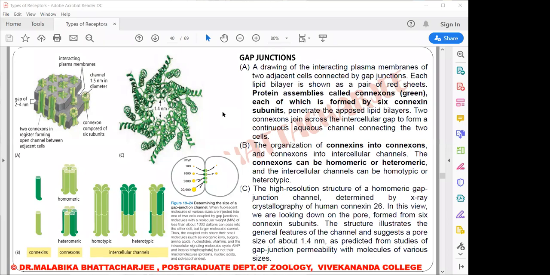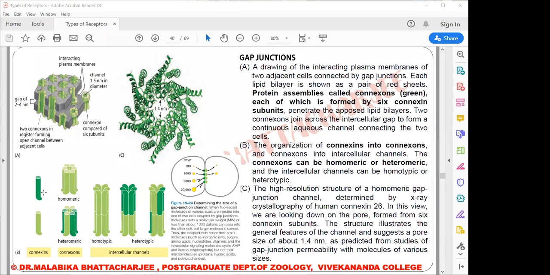In humans, it has been observed that there are 14 distinct connexins. So there are 14 varieties of connexins, each encoded by a separate gene, and each has a distinctive but somewhat overlapping tissue distribution.